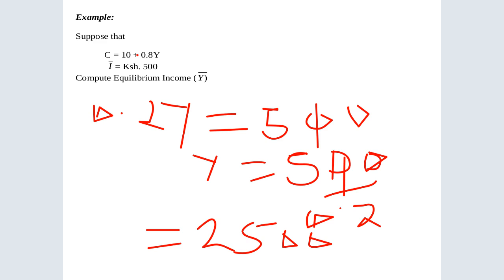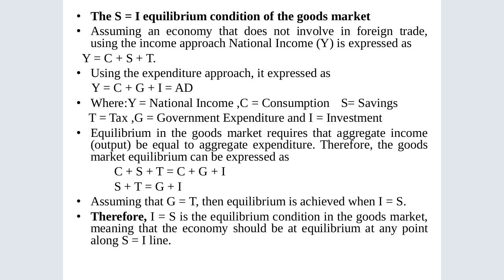So this one should be equal to 2,500 and what? 50. So 2,550 should be the answer. So that is how you compute the equilibrium income. So the answer should be 2,550. So that is how you get the equilibrium income from that simple illustration.